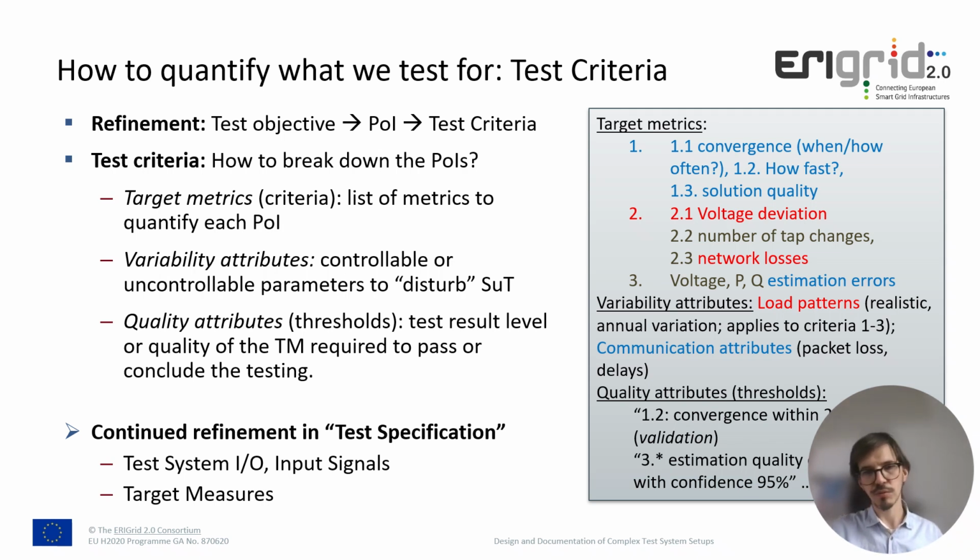In contrast, if we have a verification type of test, then the target metrics and variability attributes are interpreted as a clear cutoff criteria. So the quality attribute will define exactly at which threshold a test is valid.